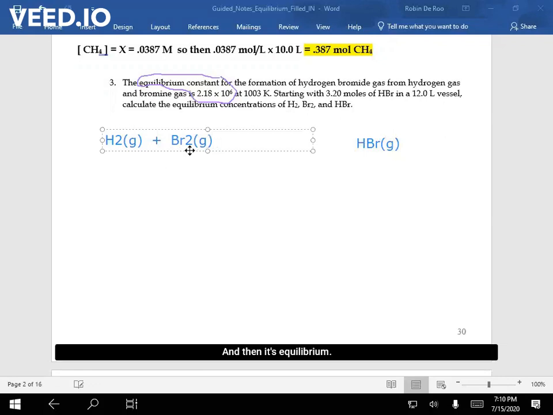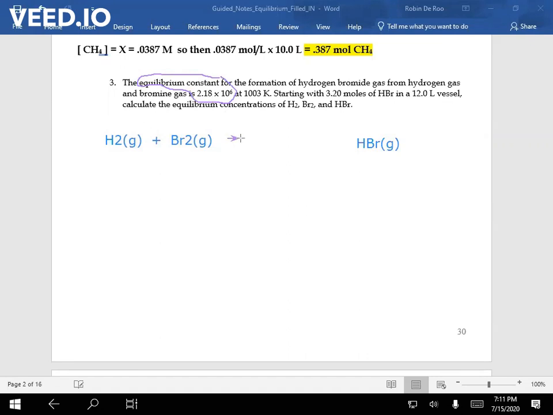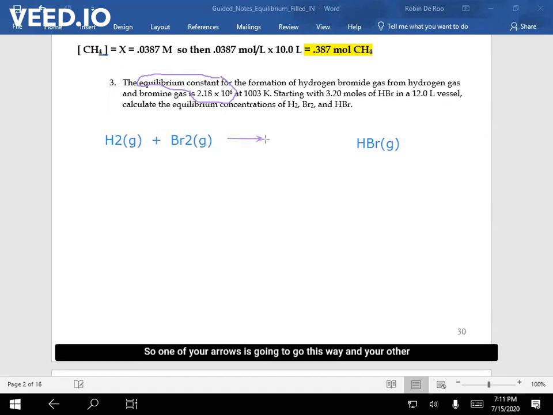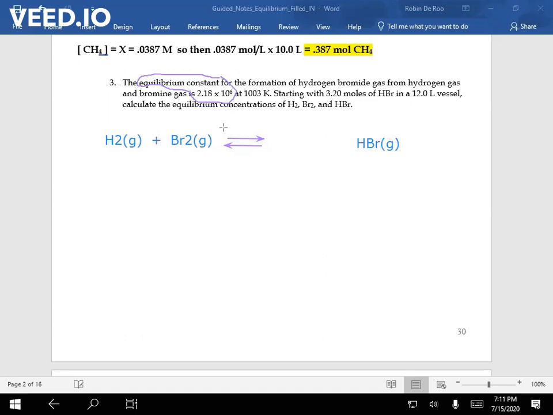And then it's equilibrium, so that means you have to draw two arrows. So one of your arrows is going to go this way, and your other arrow is going to go this way. And it doesn't matter what size you make them, because obviously we can't make the size relative to the constant. We would run out of room.